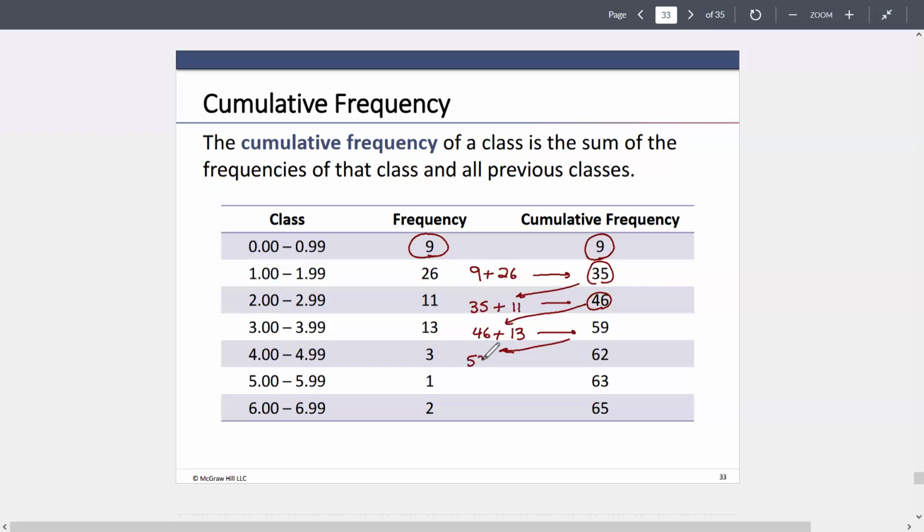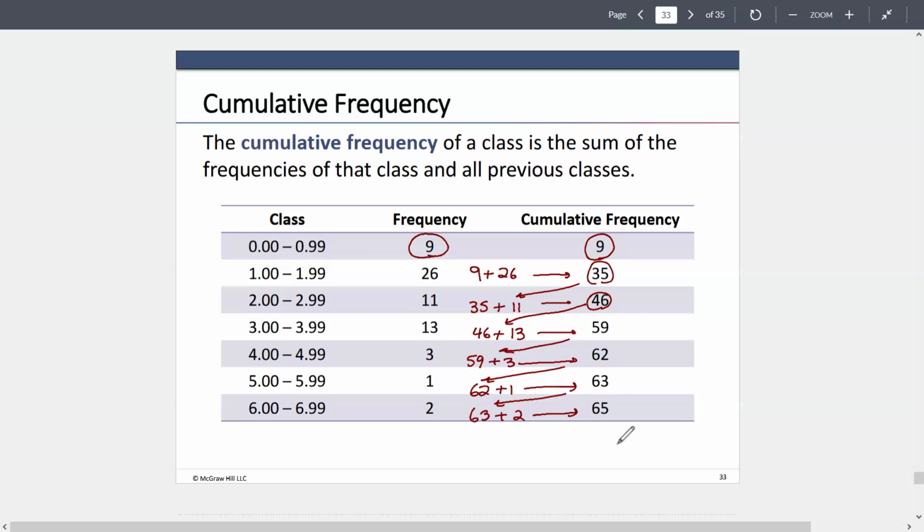We take the 59, and we have a frequency of 3 here, so we add on that 3, we get 62. We put 62 here, add on that frequency of 1, and it gives me 63. I put that 63 here, add on that 2, and that's going to give me 65. So this is just adding up all those frequencies.